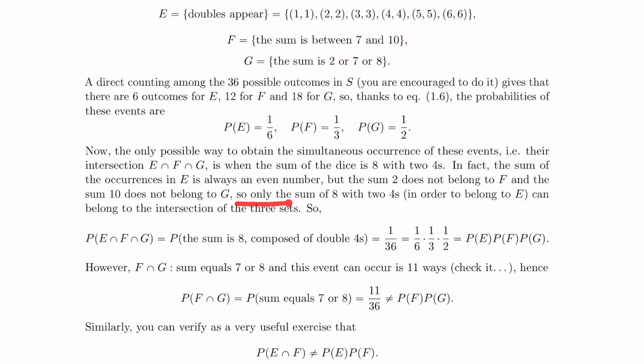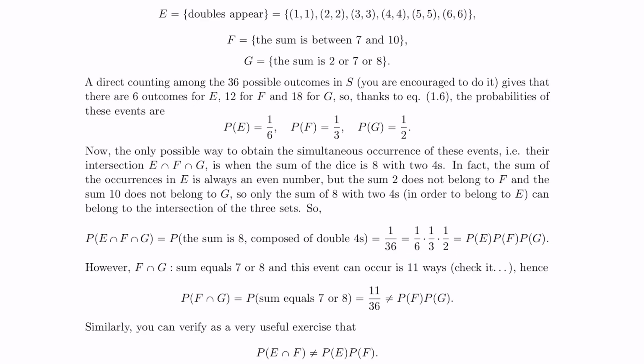So the only option left is that we throw 2 4s which sum up to an 8. We are left with the probability of this intersection as 1 possibility over 36. This number agrees precisely with the product of the probabilities of each event.